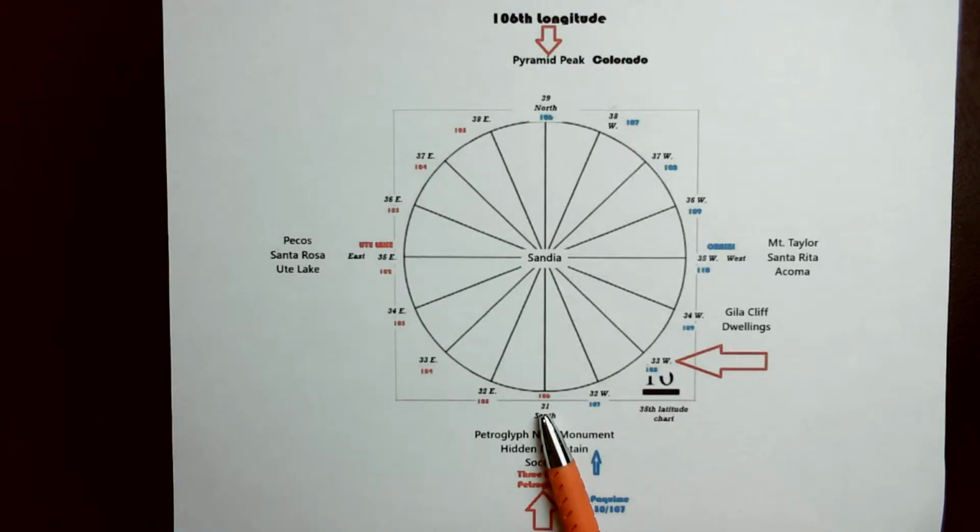At 31 south, if you go to the west diagonally, where this arrow is located, to where it says 107, you go to 30 degrees latitude and 107 degrees longitude. It takes you to Paquimé, Chihuahua, Mexico.